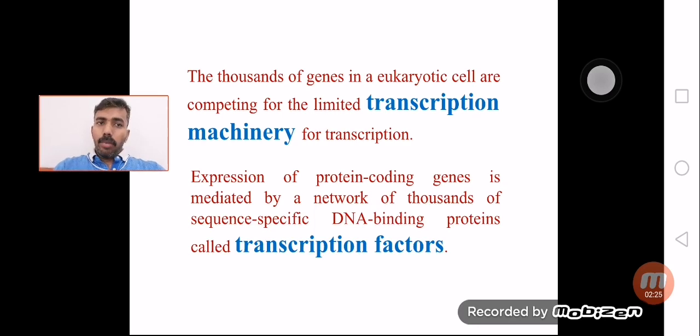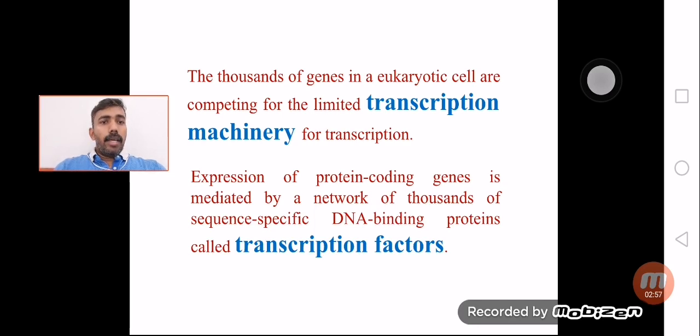Still, the number of genes is pretty high in a eukaryotic system, and all those genes have to be transcribed as and when needed. So all these genes will be utilizing the limited transcription machinery for a transcription event. Which gene is to be transcribed, at what time and at what rate, is an important regulatory event in the transcription process.